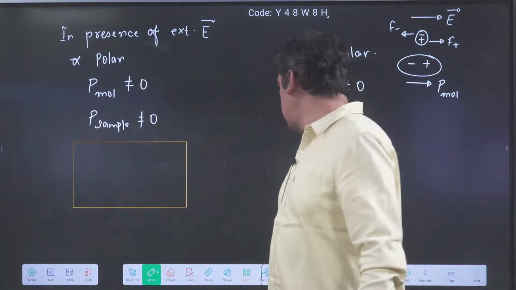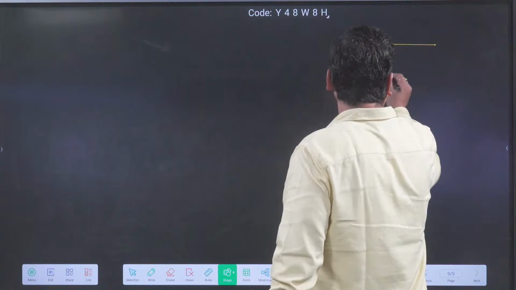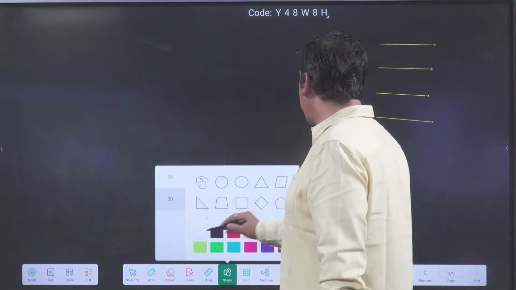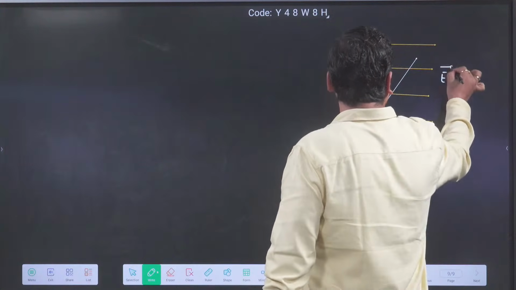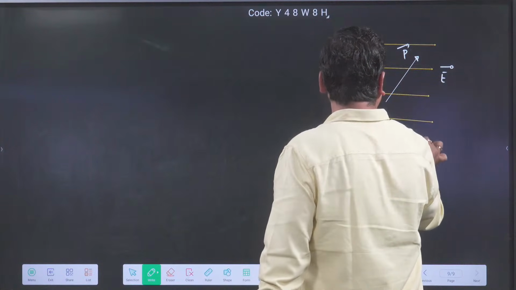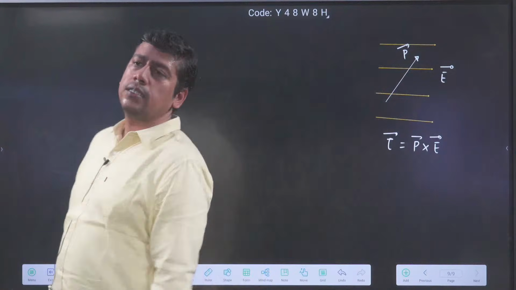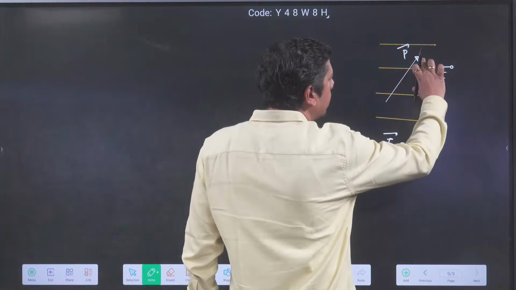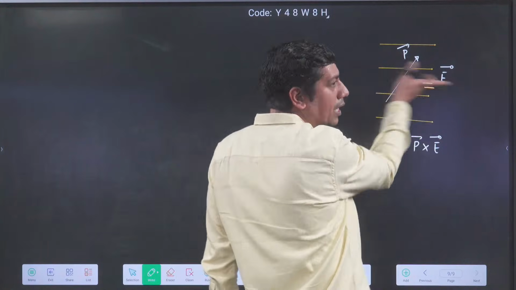When you place a dipole, let's say there is an electric field like this, beta. Recall that topic. If there is an electric field and you place a dipole in this way, this is the electric field, this is the dipole, then a torque acts, which is given as torque equal to P cross E. Direction-wise, the E vector likes to rotate the P vector along its own direction.